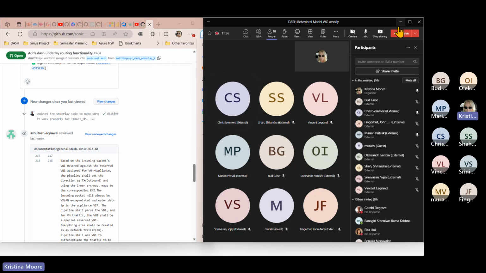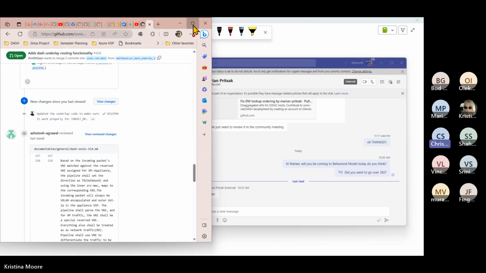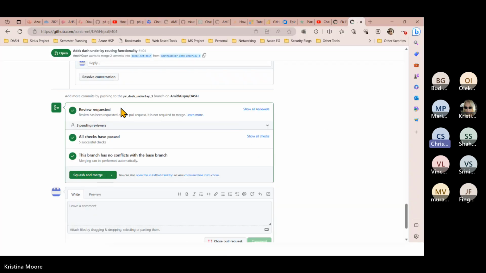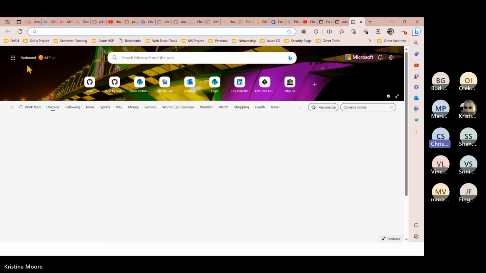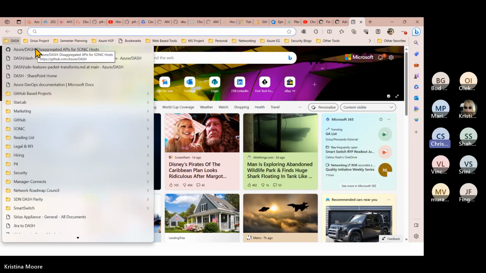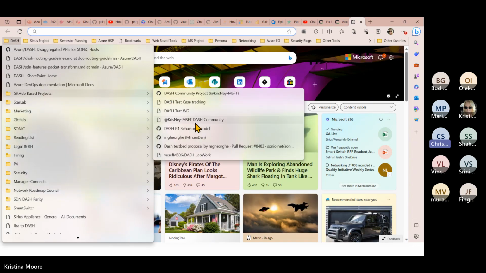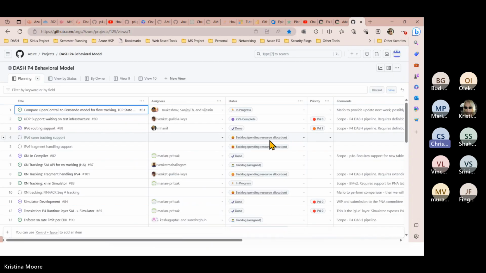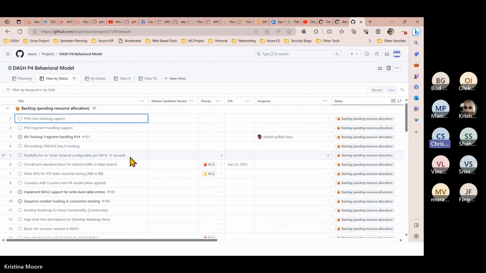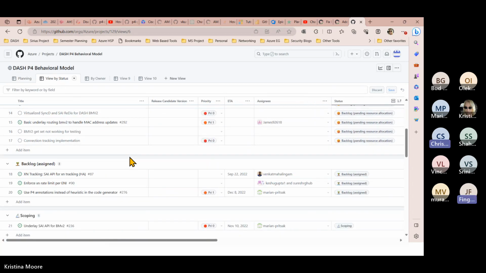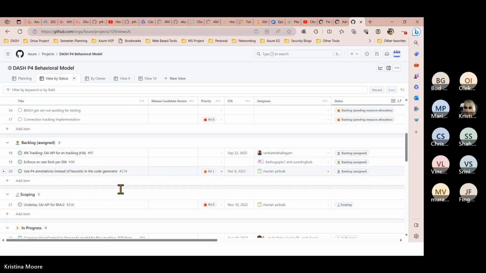Oh, no, I just don't have my glasses on, so. Yeah, I get it. I'm having a tough time seeing, but that's okay. I guess I would ask, not to put you on the spot, Marian, but since we don't always get to meet in real time, is there ongoing work with the BMV2 model with the enhancements or add-on misses and that type of thing, or is that kind of on indefinite hold?